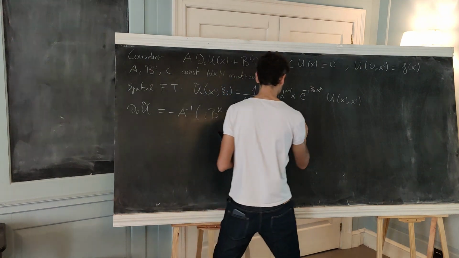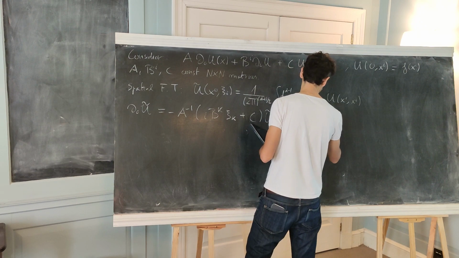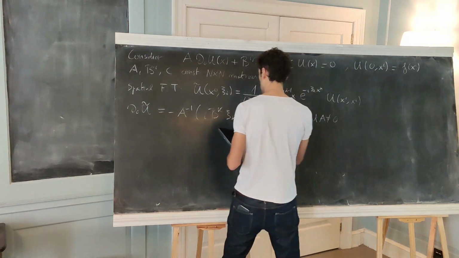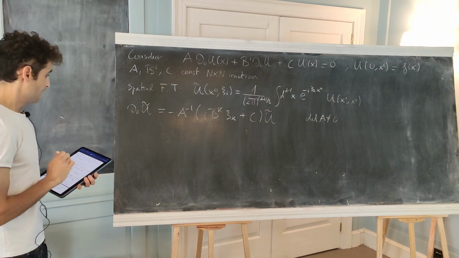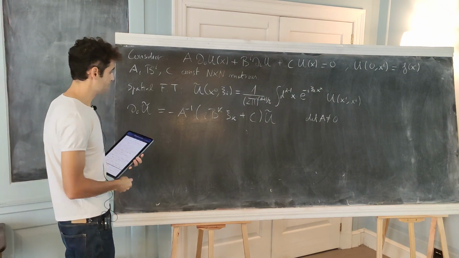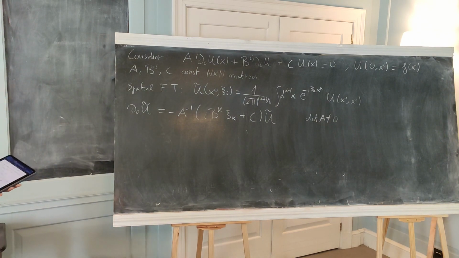And again, here we are assuming that this matrix A is invertible. Okay? So now you can straightforwardly construct a formal solution to the system.